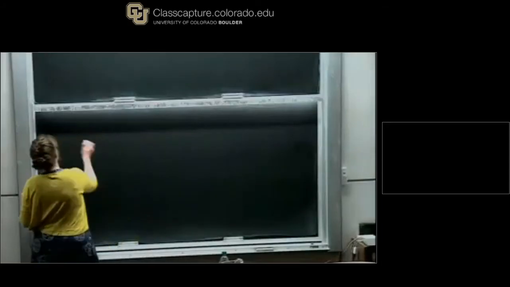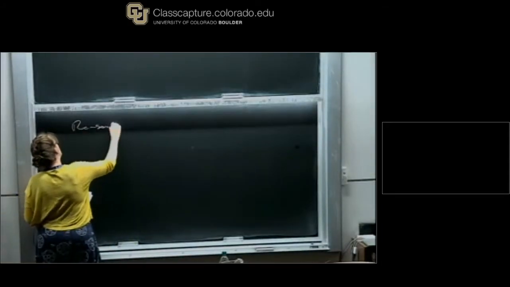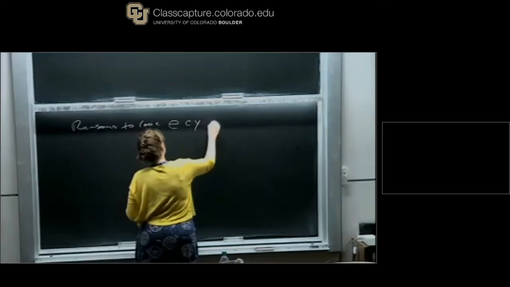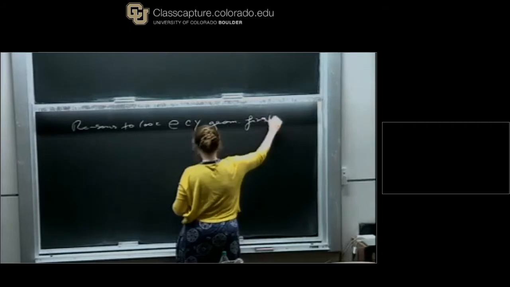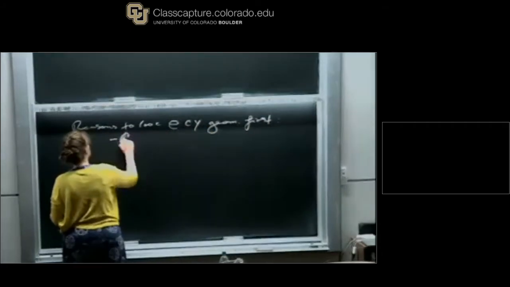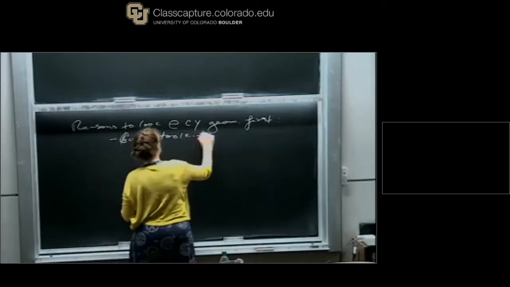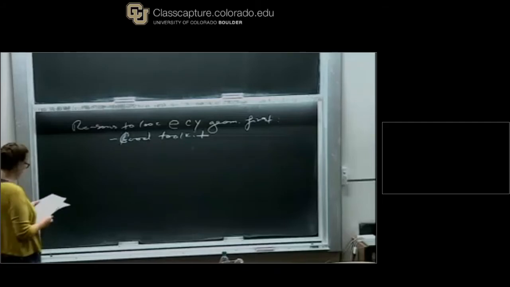So just a quick justification. Reasons to look at CY geometry first. We have a good toolkit in hand to extract physics, to be able to characterize the parts of the geometry that we actually need.